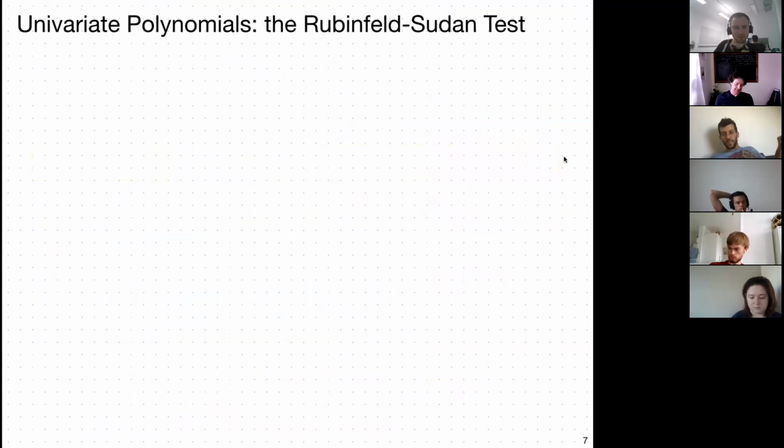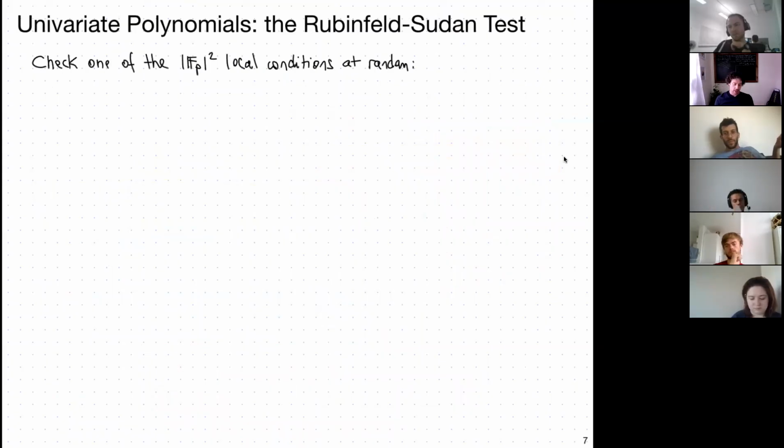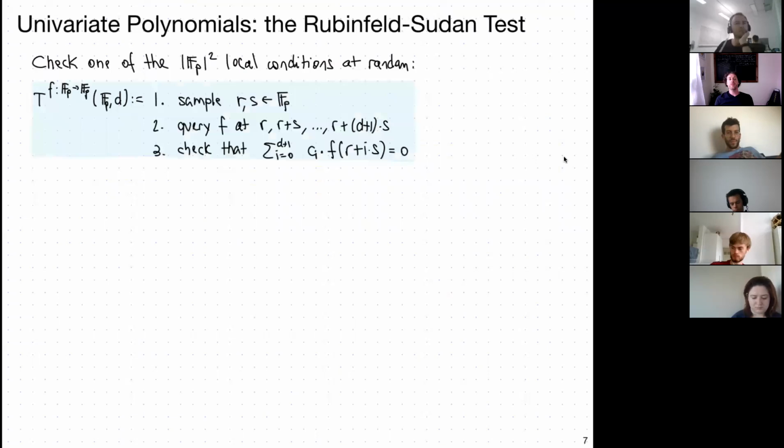And indeed, it does. So that's called the Rubinfeld-Sudan test, by Ronitt Rubinfeld and Madhu Sudan. And what they're doing is exactly what we discussed. We're just choosing these constraints completely at random. So let me say exactly what that means.